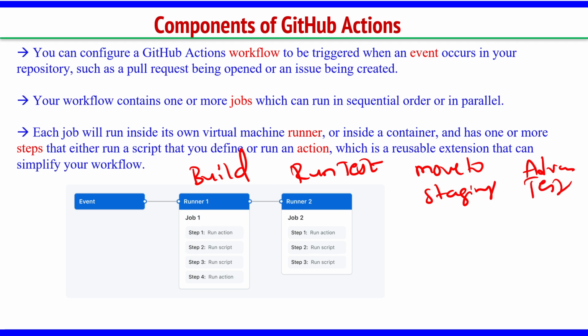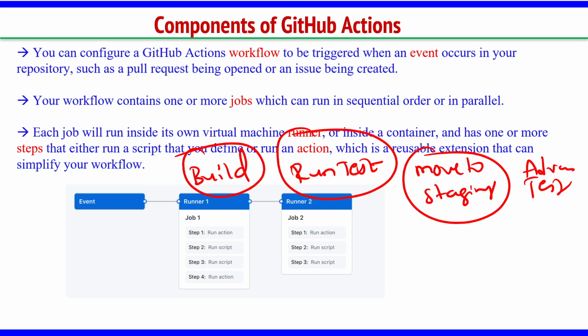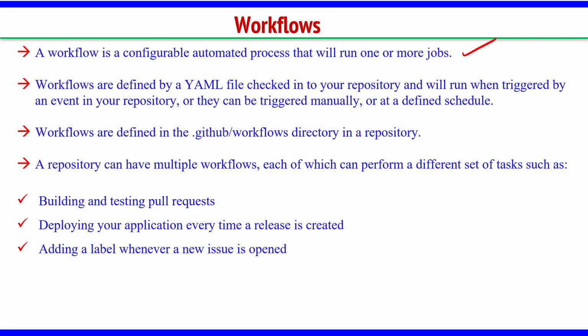So these are all different jobs. Building is one job, running tests is another job, moving to staging is another job, and each job will have multiple steps to be done. Right? So a workflow is a configurable automated process that will run one or more jobs.